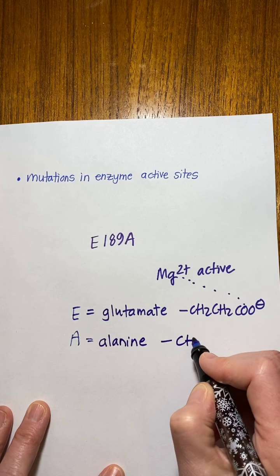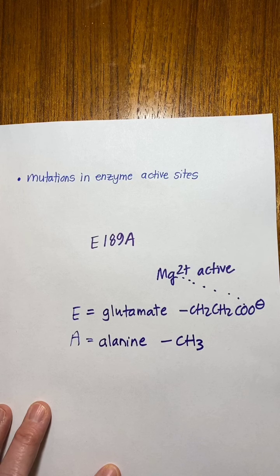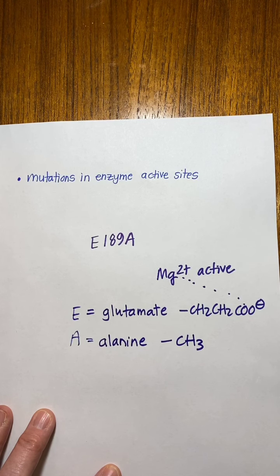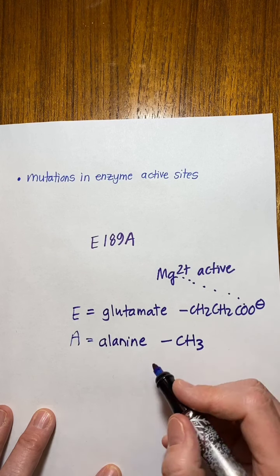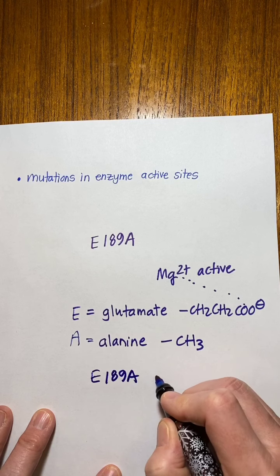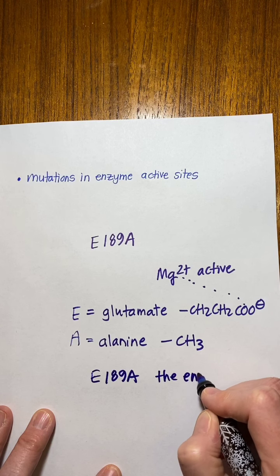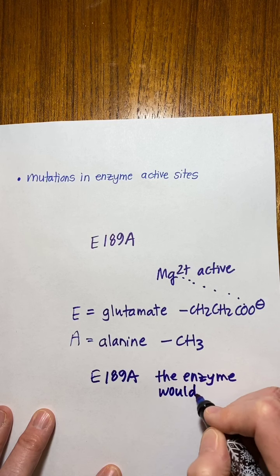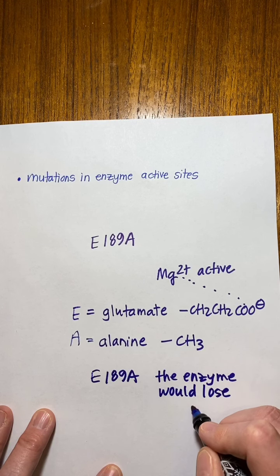The alanine side chain is a methyl group. Do you think a methyl group would coordinately bond to a magnesium 2+ ion? The answer is no. So if you did this mutation, the enzyme would lose activity. This would be a bad mutation.